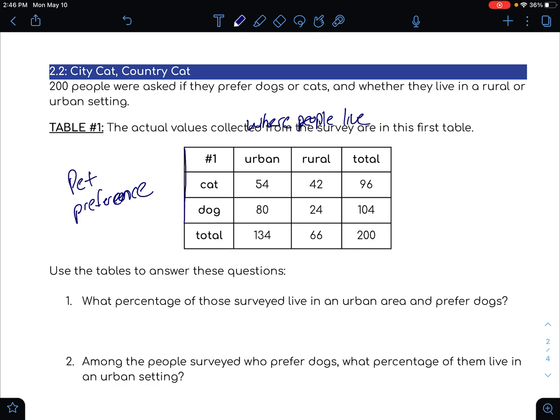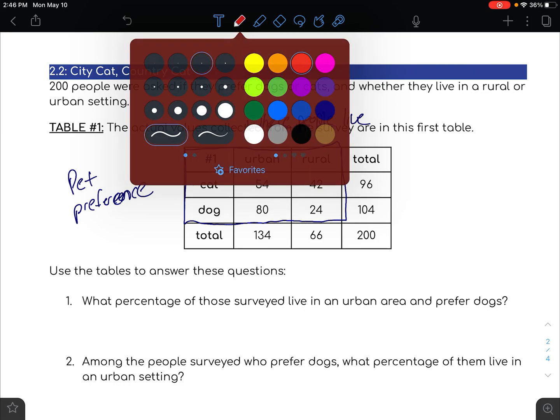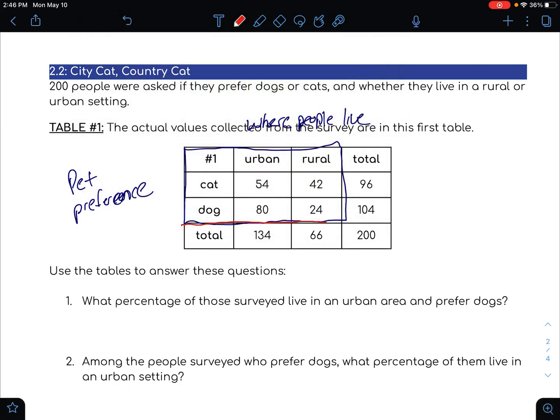So if we're looking at the two-way table, the information is essentially right here in that part of it. And then like we've done before, we have some totals. And so I kind of like to outline the totals sometimes with a different color in red here. And that's all done for us. So that's kind of nice.